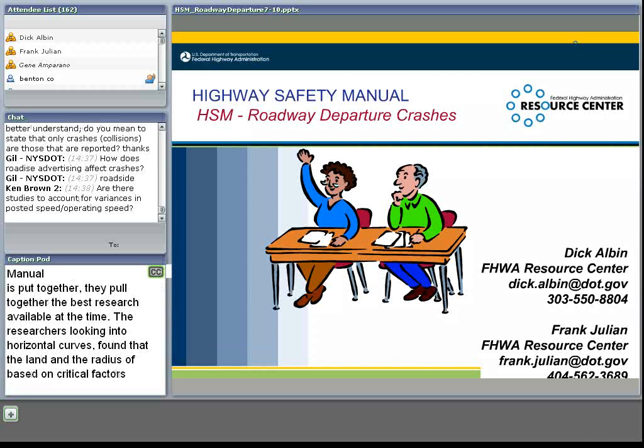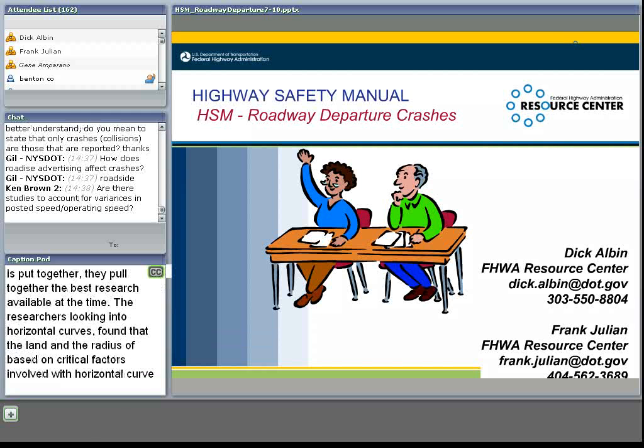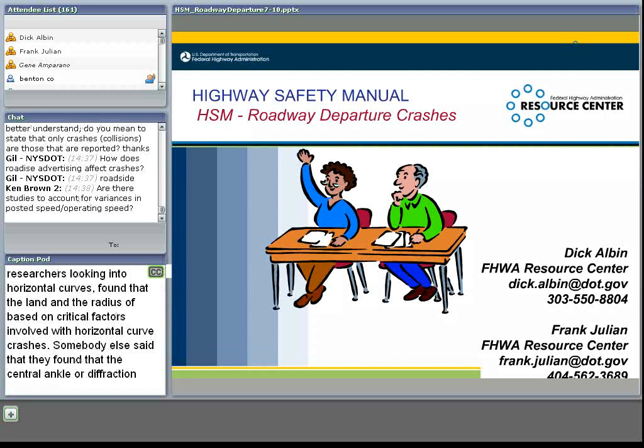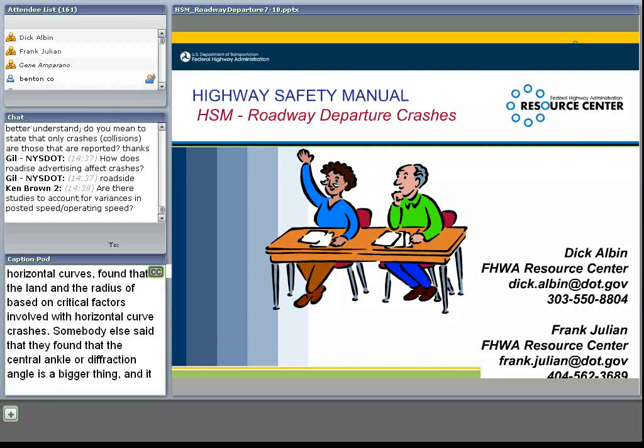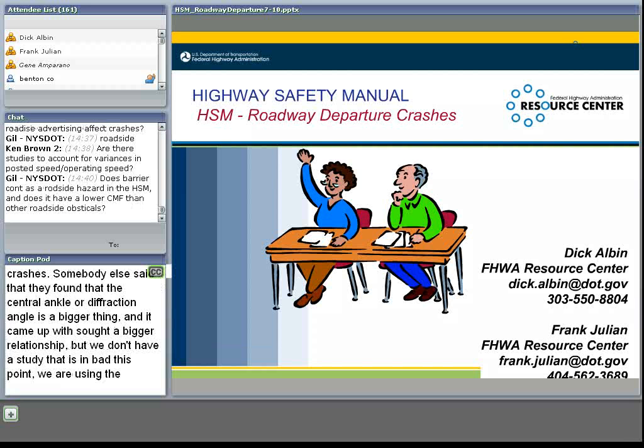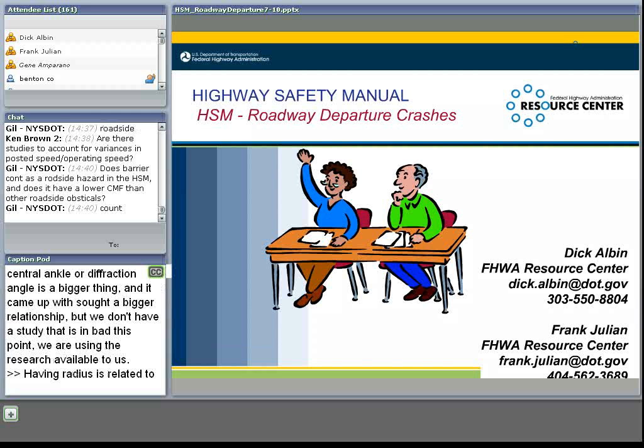Now, if somebody else was to do a research project and found that the central angle or the deflection angle was a bigger factor, maybe they'd come up with a slightly different relationship. But we don't have a study that's really borne that out at this point. We're using the research that's available to us. And radius is related to the degree of curve anyway, so there is some relationship there.